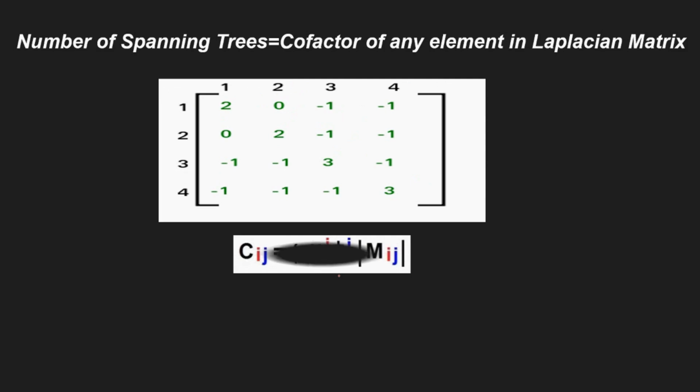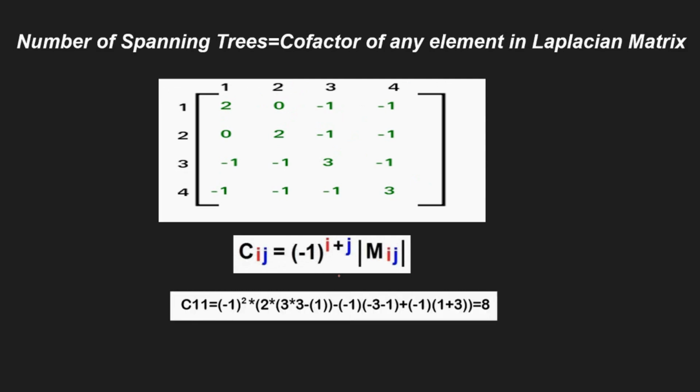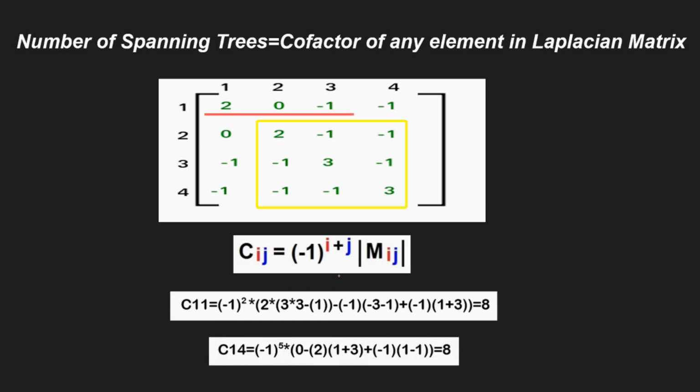Recall that the cofactor is given by this formula. So C11 will be nothing but this determinant. C14 will be this determinant. Both of these give the same result, and similarly the cofactor of any other element will give us the same result.